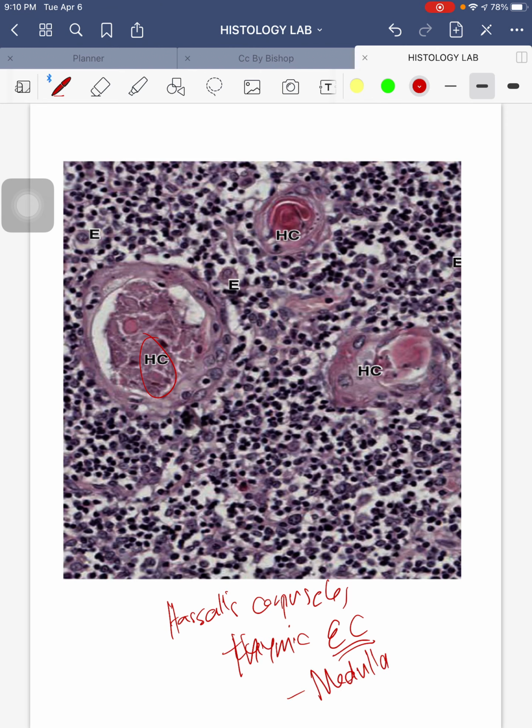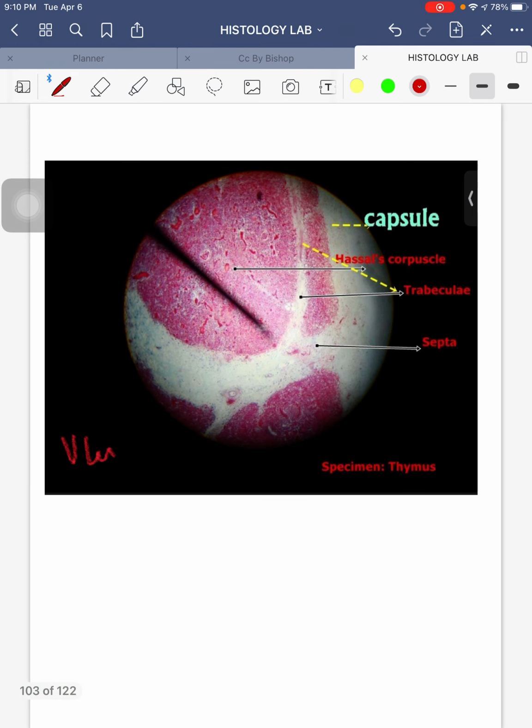The medulla, again, is a lighter area. I'll show you in the next slide, there are much better presentations. This is how you can delineate a lymph node from a thymus, because again, lymph node also has a medulla and cortex, and they are also subdivided. But this one is one of your answers. This is taken from the laboratory.